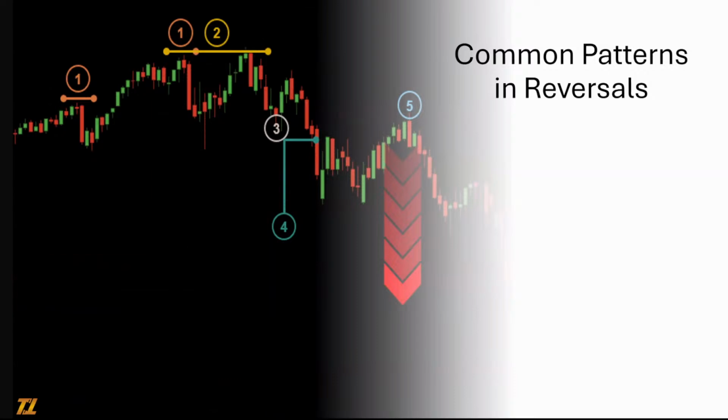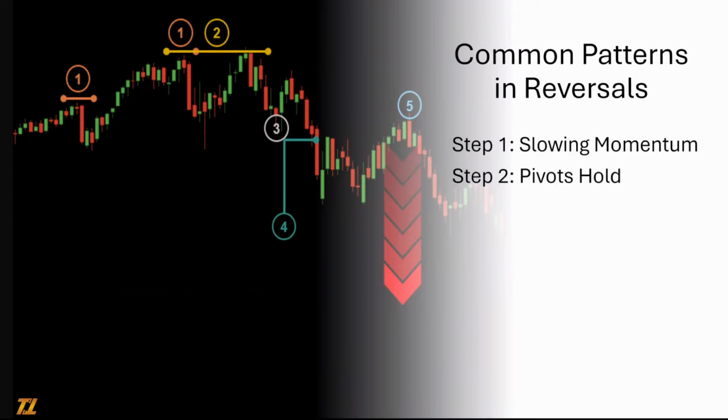Now, when you're talking about those patterns that happen in the backdrop of a reversal pattern, not all of these occur in every reversal. They just don't. But there's commonality in every reversal and every continuation pattern. And that commonality is slowing momentum, pivots hold.